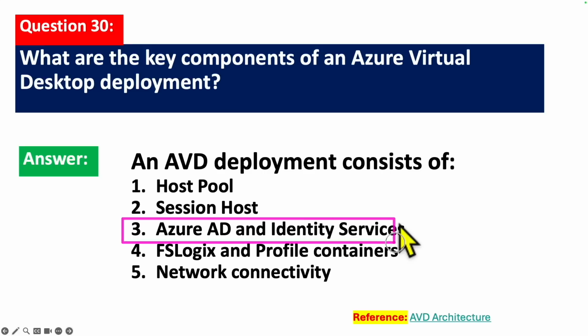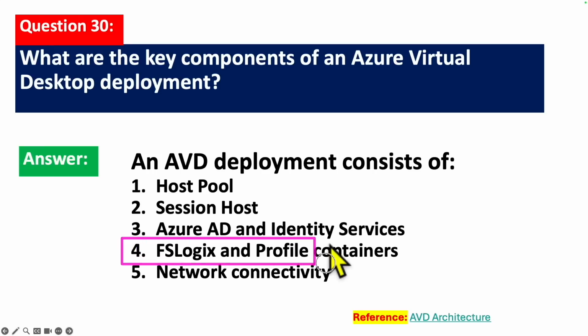Next is, what about Azure AD identity services? This provides essential authentication and access control, integrating with your on-prem services or your Azure AD for secure login. We already mentioned FSLogix and profile containers. This is used to store the user profile.